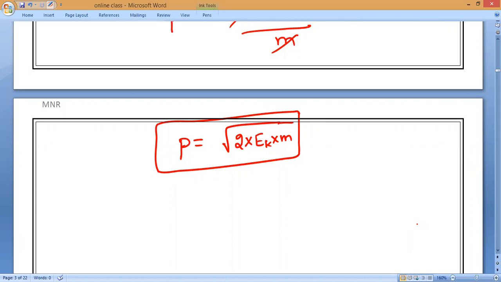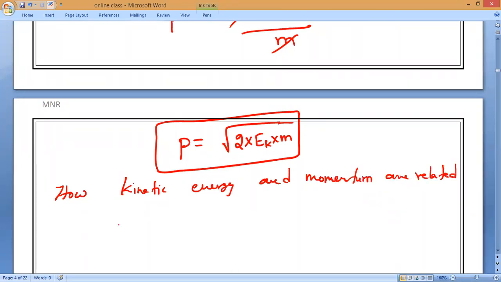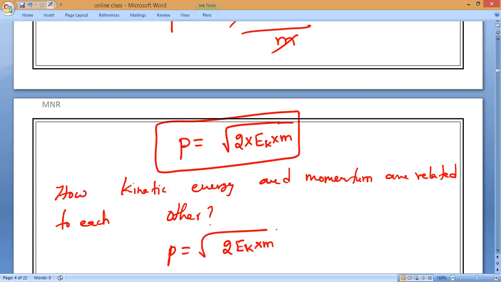What relation did we find? P is equal to root of 2 into kinetic energy into mass of the body. That is the relation, so you have to derive it. Will you all derive it or not? That is what you have to do.